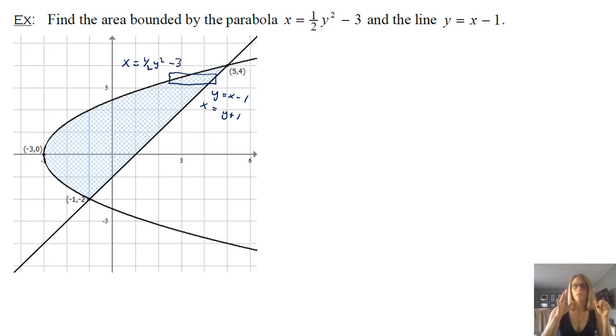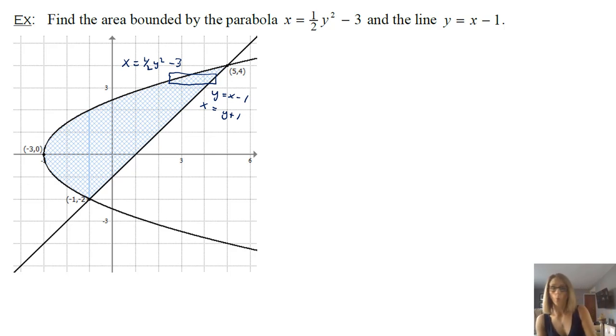The important thing to see is it is always on the left. So we can always find the height, or length, however you want to call it, of the rectangle. This distance is always the curve on the right minus the curve on the left.